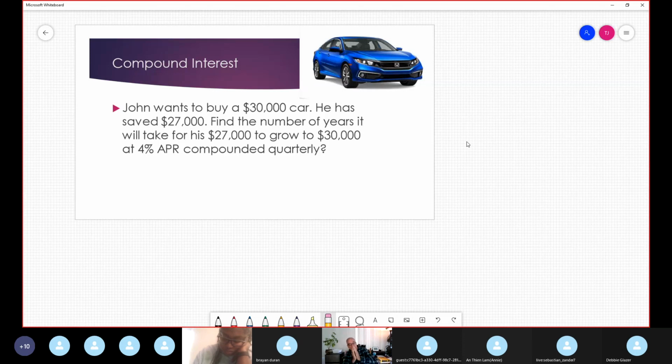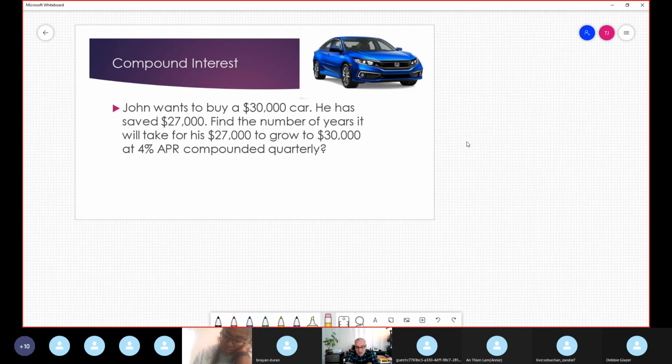The idea is John needs $30,000, but John has in the present $27,000. The plan of John is to deposit his $27,000 in one bank account. This bank account has 4% APR compounded quarterly.